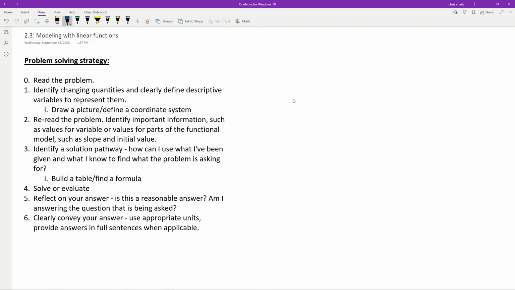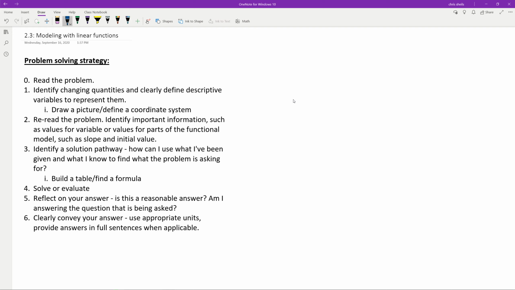Step 2 is to reread the problem. At this point, we want to identify important information, such as any values for my variables or values for parts of our functional model, such as slope and initial value. So if we see anything that could be a rate of change, that's going to be a slope. If we see anything that could be like some starting value or initial value, we want to make note of that as well.